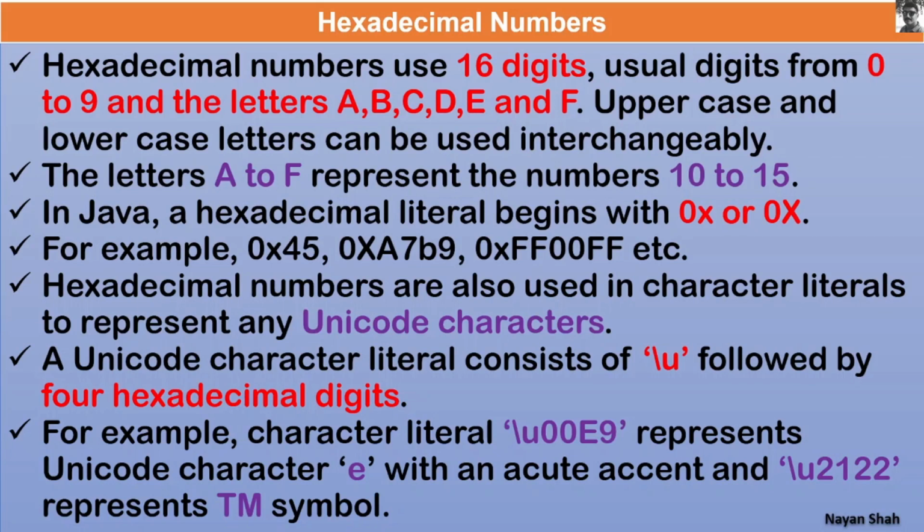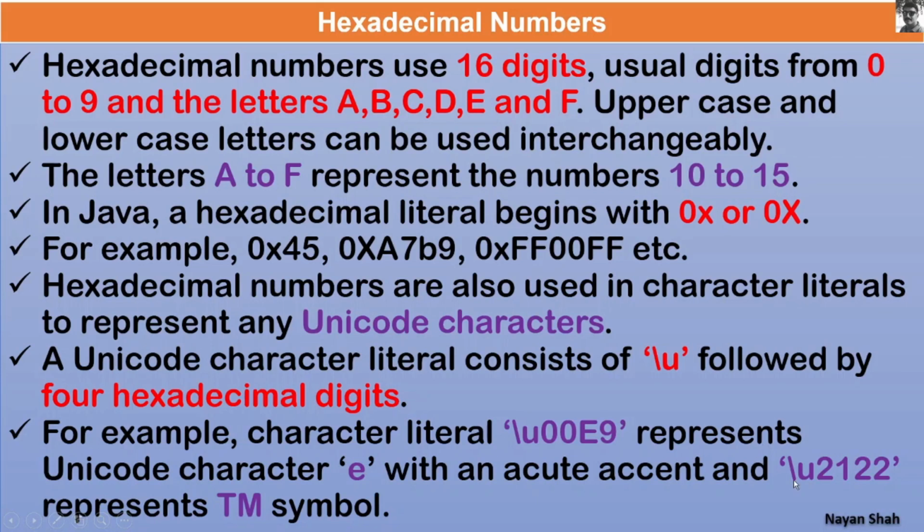So \u00E9 is used to represent E with acute accent. What is an acute accent? There is a small line on top of E, which is called an acute accent. You can search for the acute accent character. I forgot to display it here.